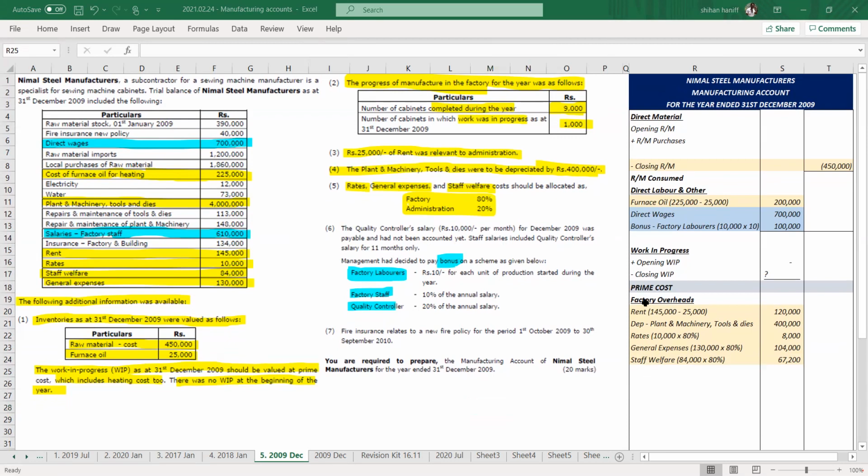So we will have salary for factory staff, salary for quality controller, bonus for factory staff, bonus for quality controller. We need these points.